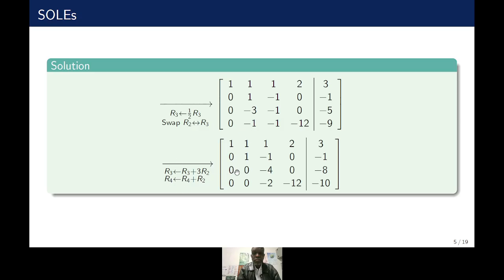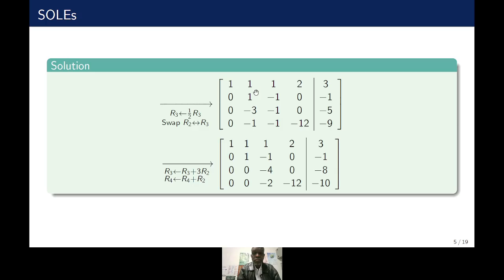Now, if you have that, you can do another set of row operations. The target is to eliminate this minus 3 and this minus 1. This is done by doing these 2 row operations. If you take row 3 and add 3 times what you have at row 2, that will eliminate this element.